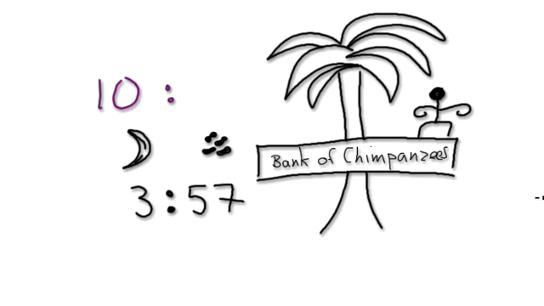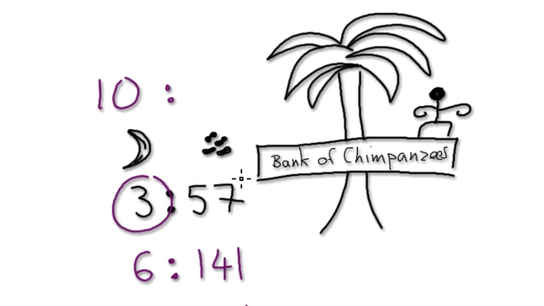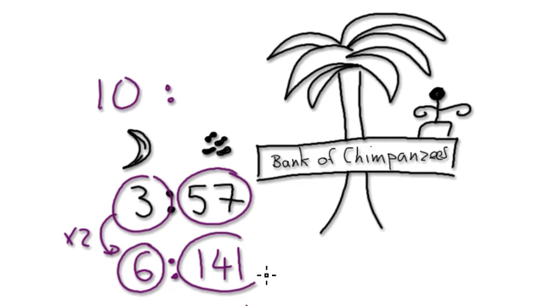Okay, so think about this. If you have 3 bananas, you can exchange it for 57 peanuts. If you double everything, then 6 bananas would give you 141 peanuts.